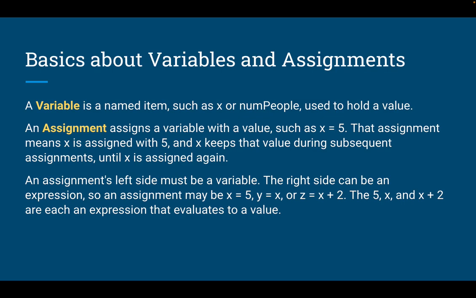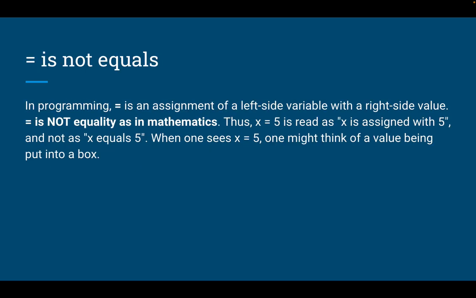So it could be X equals 5, or we could have Y equal 5, or so forth. And then we can take those variables and add them together, and again, it's always left assignment. That's going to be very important as you look at how you code.